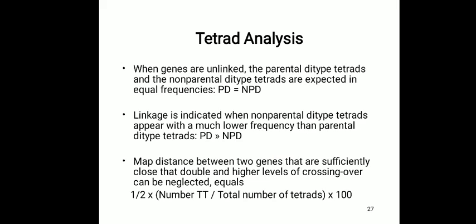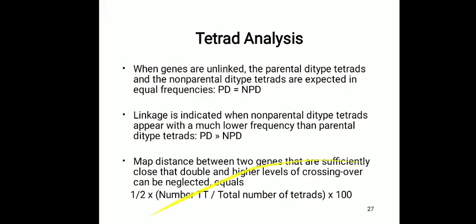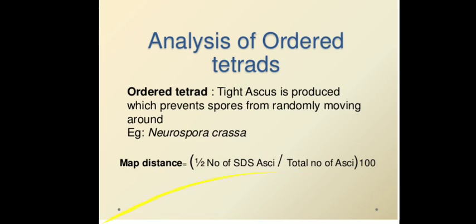The formula of map distance is 1/2 times the number of tetratype divided by the total number of tetrads, times 100. By putting all the values in this formula, we can calculate the map distance between the two genes.